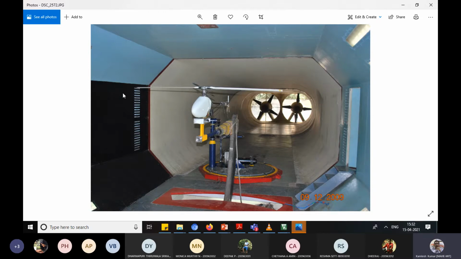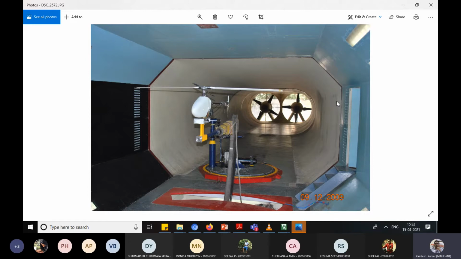Then there are meshes, like a mesh on the inlet side, which will make the air smooth. Every point of this test section should have the same velocity. That's the environmental conditions we are talking about now. Then many static systems will be integrated in the wind tunnel to monitor the air speed at different locations.